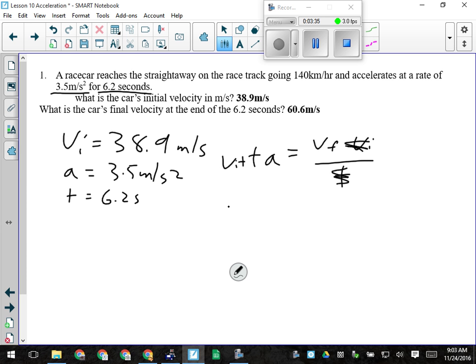So that means 38.9 meters per second plus 6.2 seconds times 3.5 meters per second squared. That should give us our 60.6 meters per second.